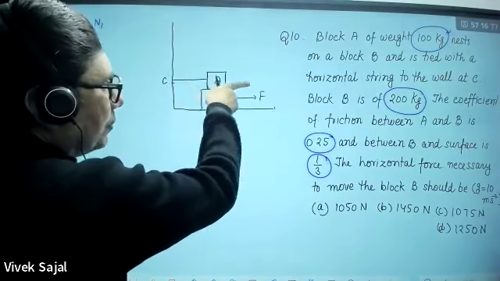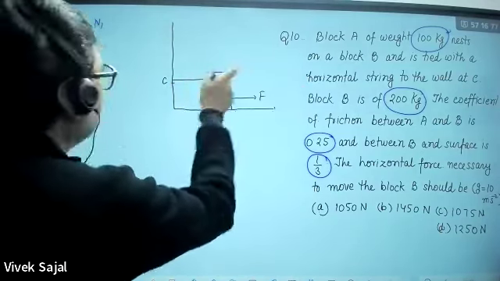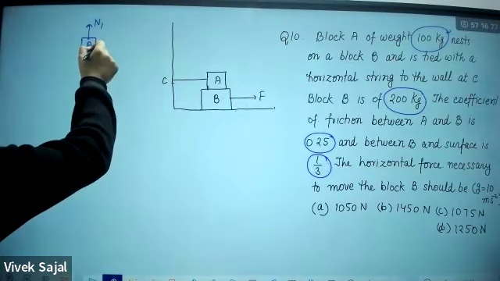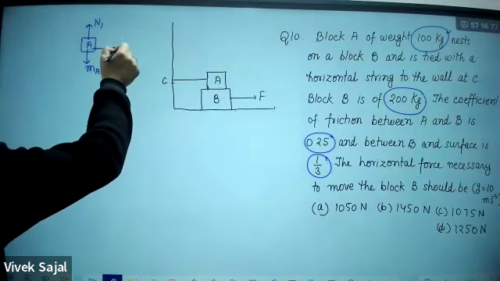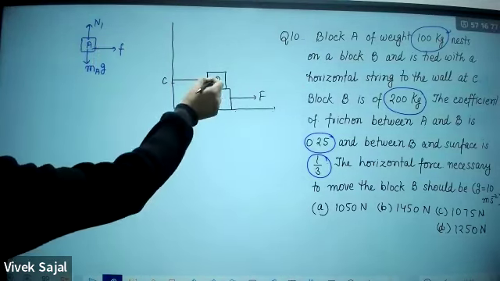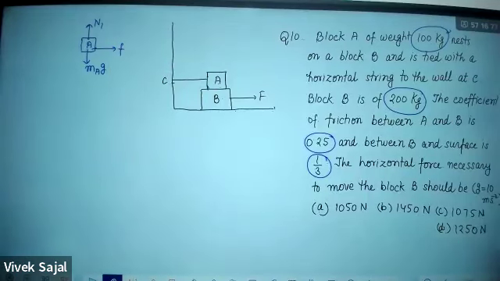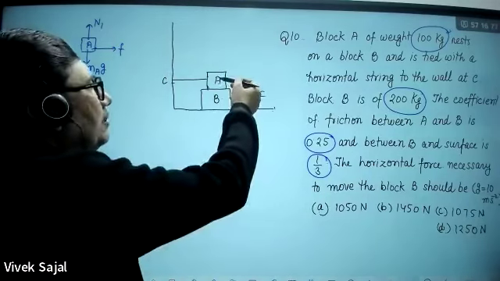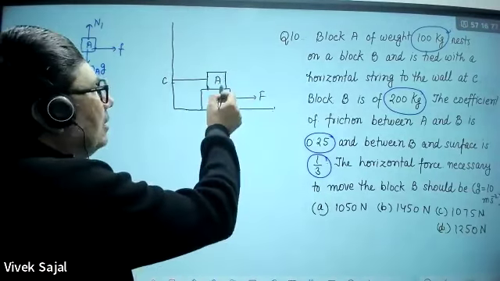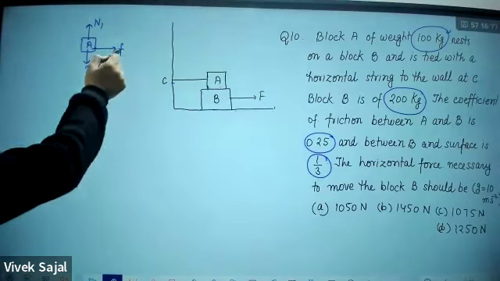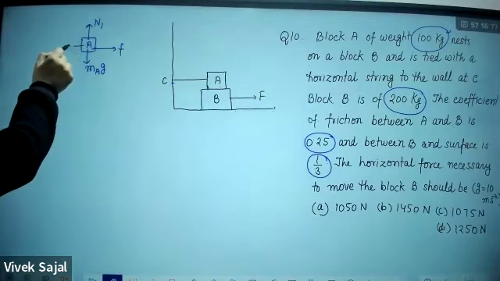So a force is going on it in this direction. A static force is going to act. And if there is relative motion, it will be kinetic friction. It may be kinetic friction if there is relative motion between A and B.